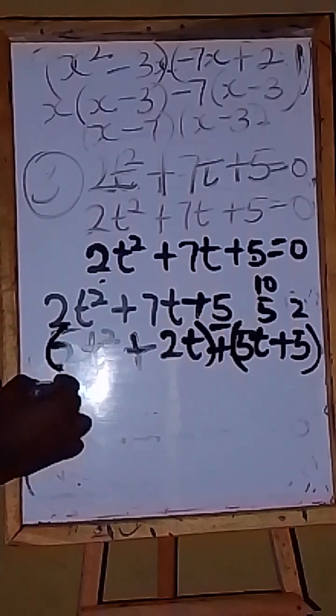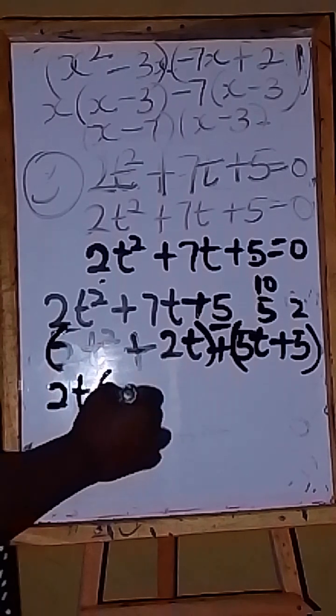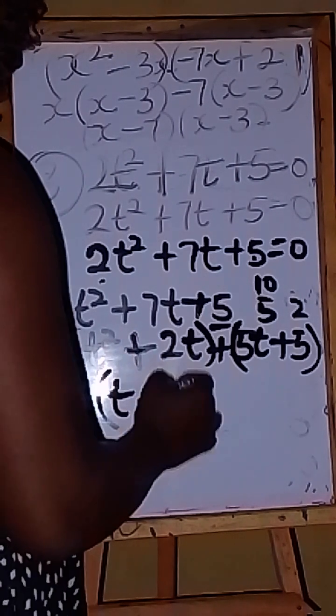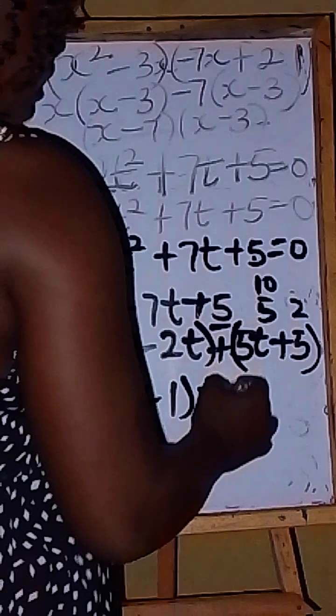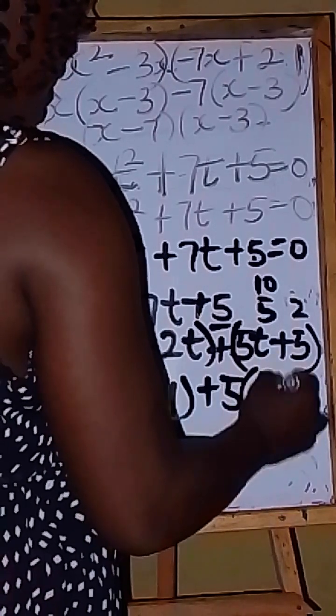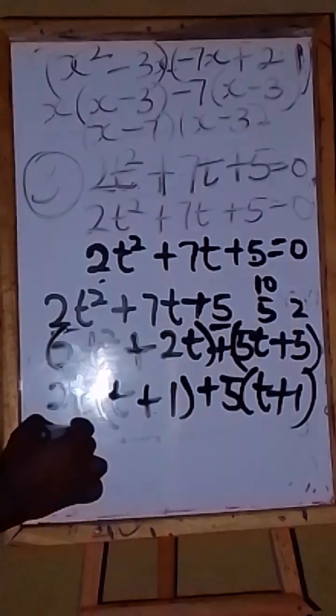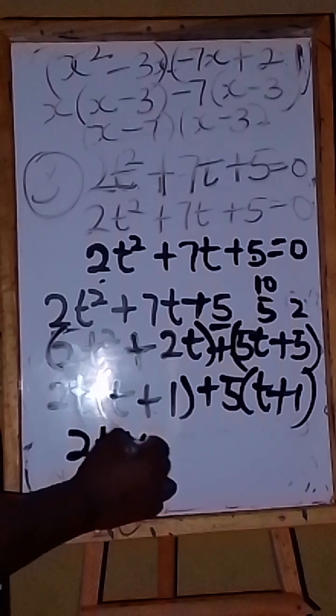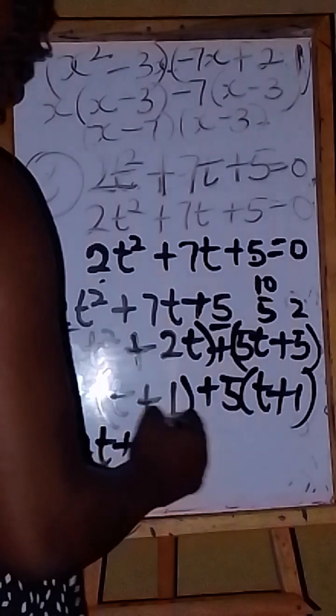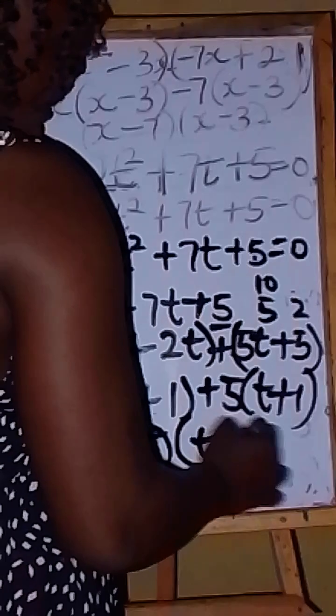So what do we have? We have 2t into bracket t plus 1 plus 5 into bracket t plus 1. So we have 2t plus 5 and t plus 1.